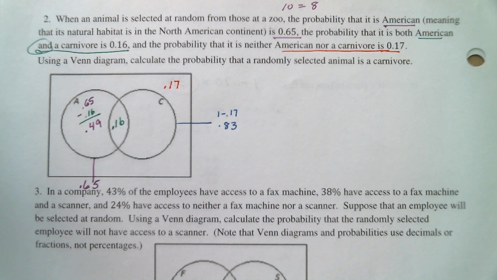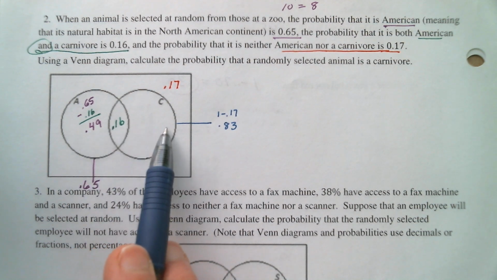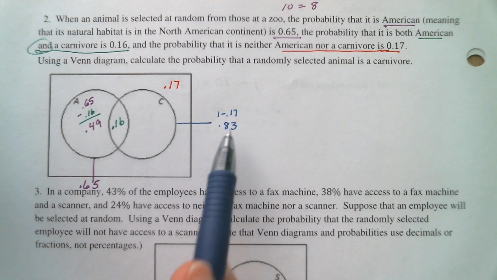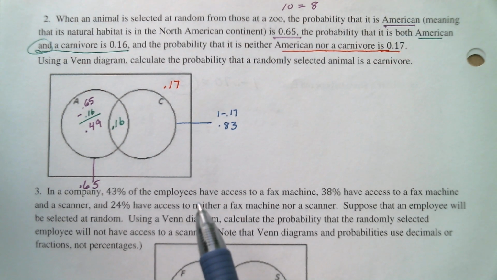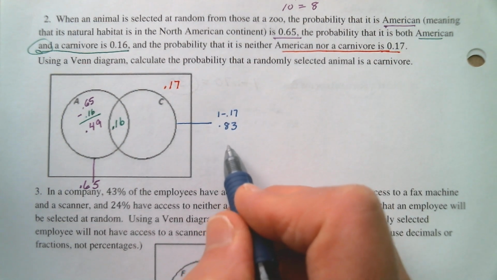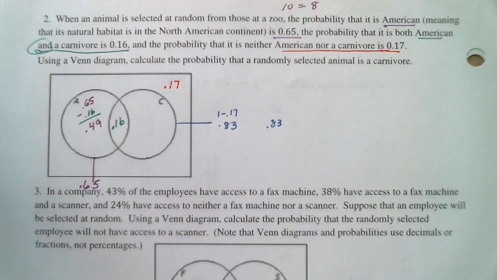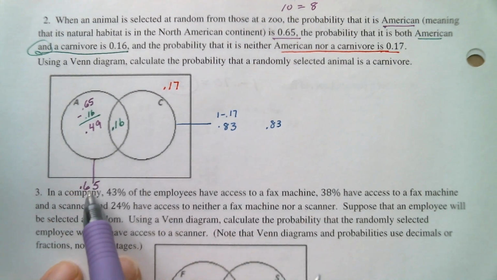So now this plus this plus this would equal 0.83. So if I take 0.83, subtract the 0.49 and the 0.56, oh, I'm sorry, which is the same as 0.65.